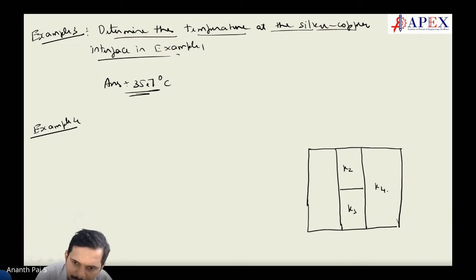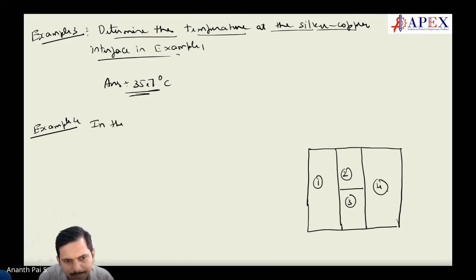Or let us put it like this: 1, 2, 3, 4. In the figure shown, the area 1 is for 1.